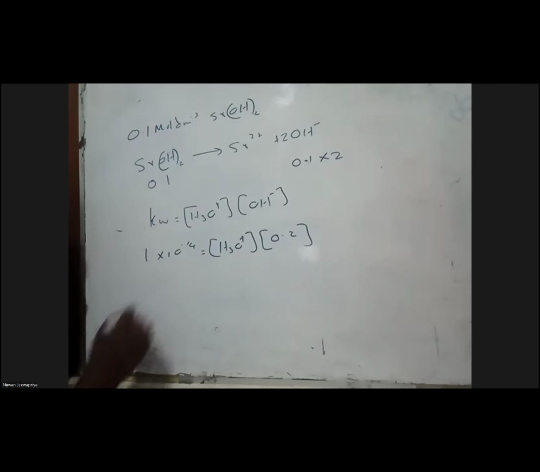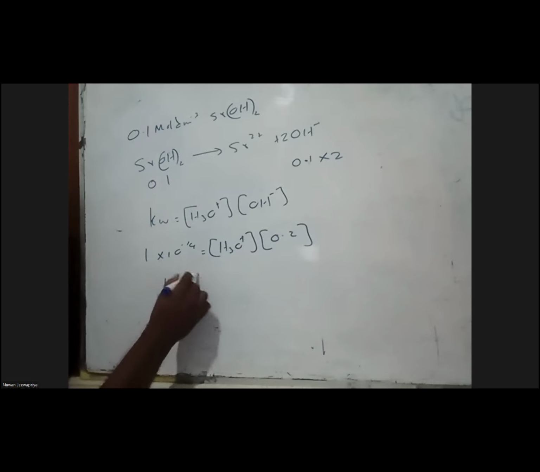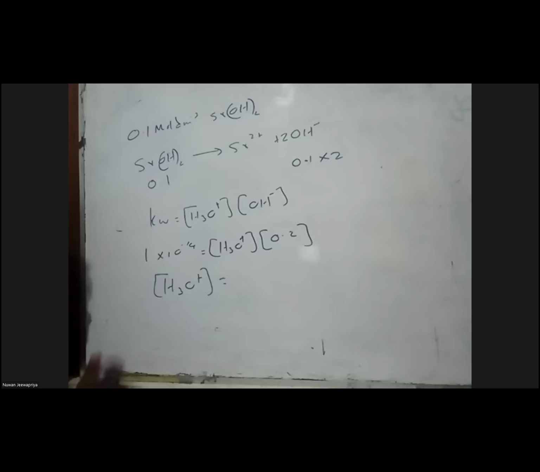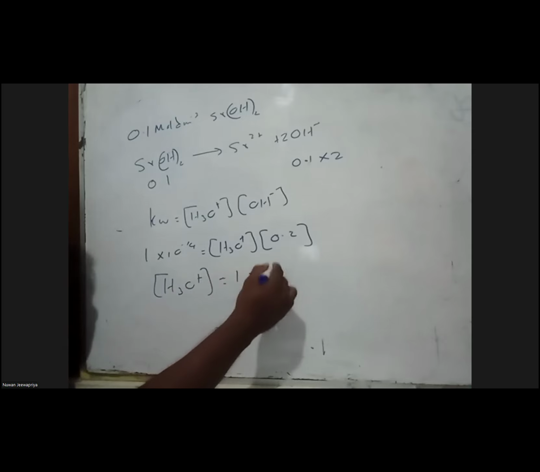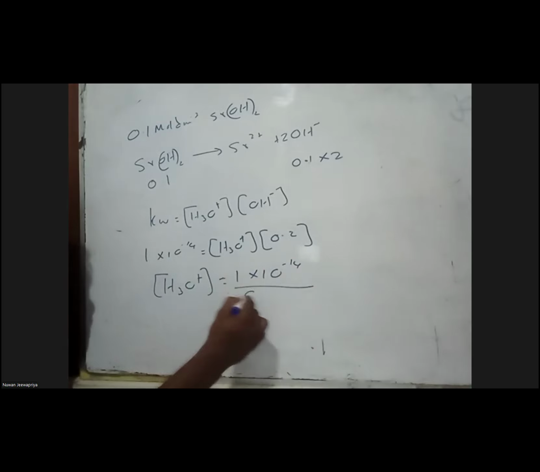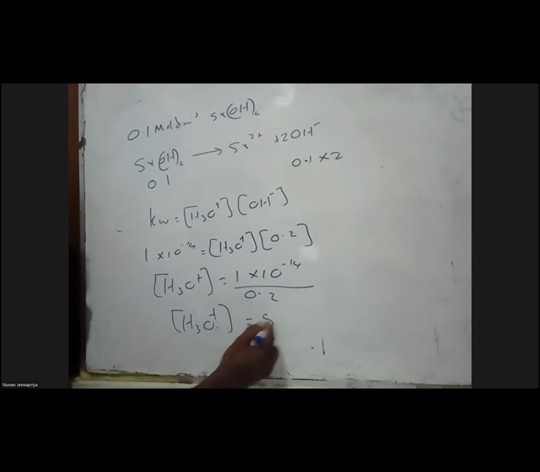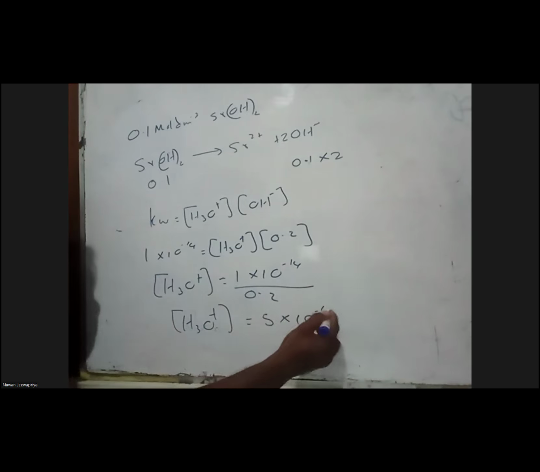So we can find H3O plus concentration by 1 into 10 to the power minus 14 divided by 0.2. That is 5 into 10 to the power minus 14 if you simplify that.